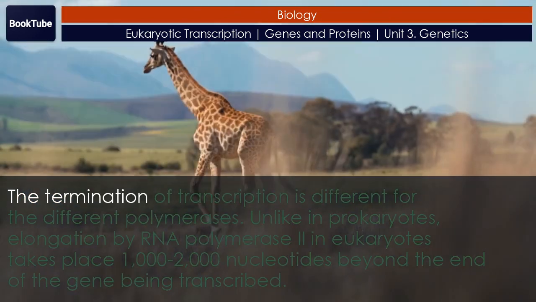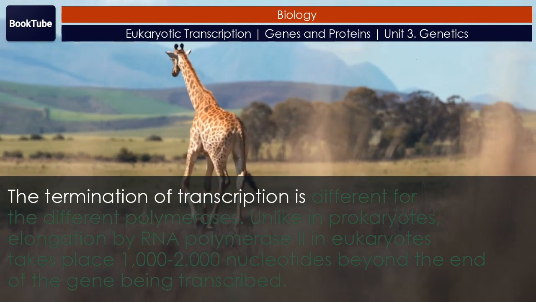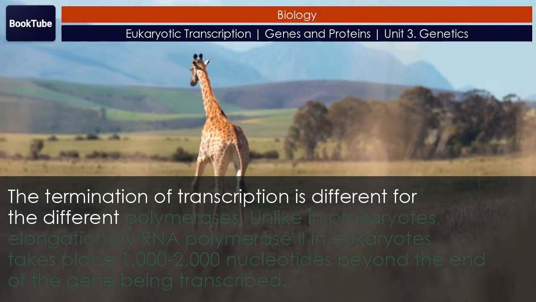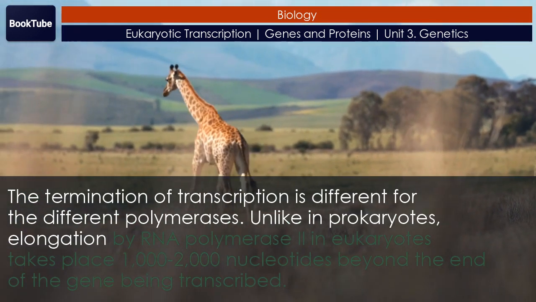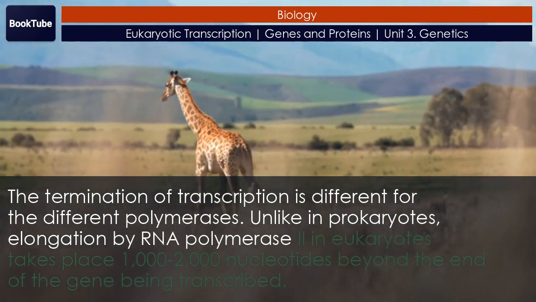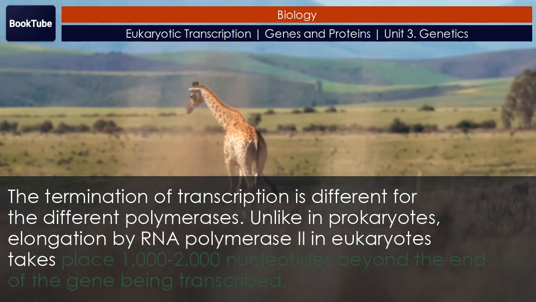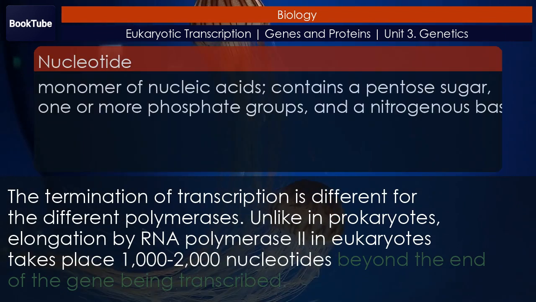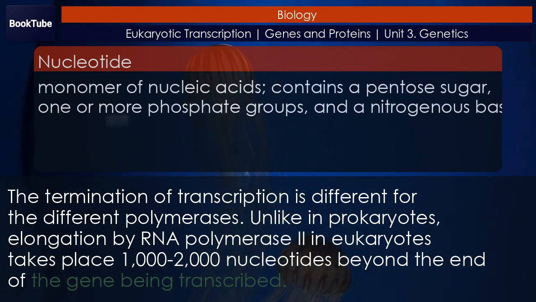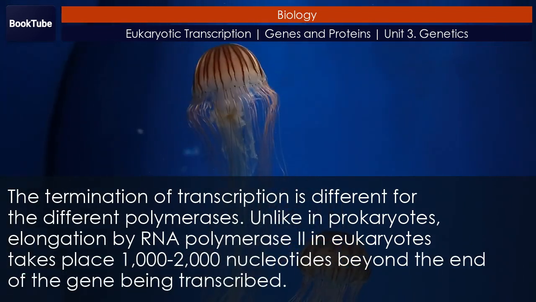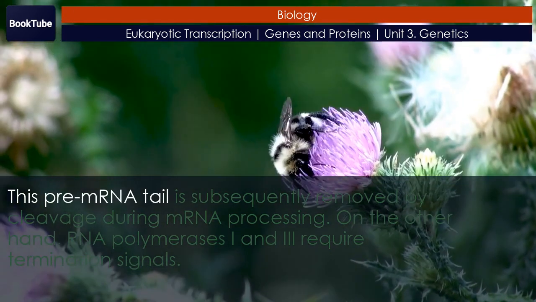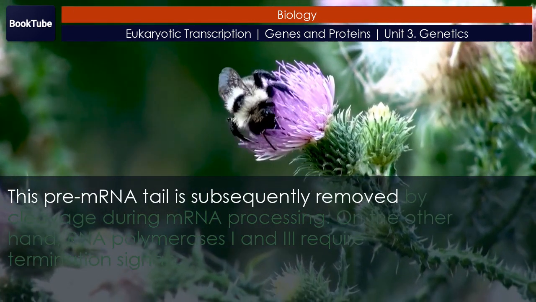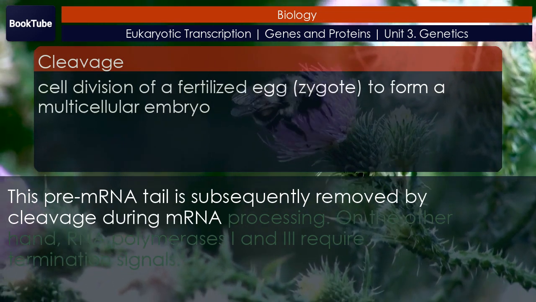The termination of transcription is different for the different polymerases. Unlike in prokaryotes, elongation by RNA polymerase II in eukaryotes takes place 1,000 to 2,000 nucleotides beyond the end of the gene being transcribed. This pre-mRNA tail is subsequently removed by cleavage during mRNA processing.